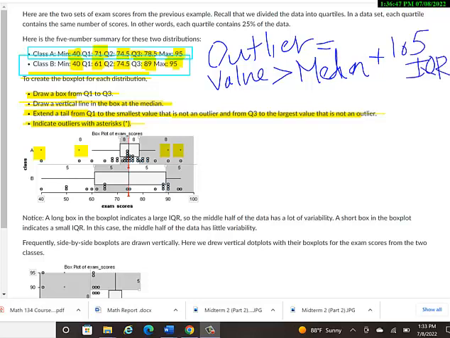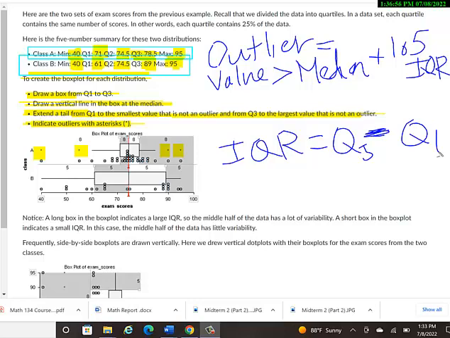And remember, interquartile range was Q3, the largest value in the third quartile, minus Q1, the largest value in the first quartile. Either that, or if you think it's an outlier that's very small, very far to the left of all these values, that value must be smaller than the median minus 1.5 times the interquartile range.